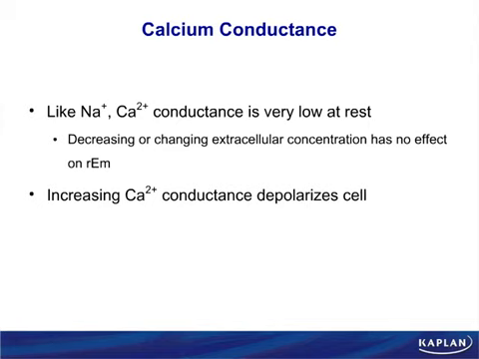So if I have a cell starting at minus 70 and I increase calcium conductance, just like sodium, there's only one direction to go, and that's in, so it's going to depolarize. And it's going to work that cell toward plus 125 millivolts, because that's equilibrium for calcium.